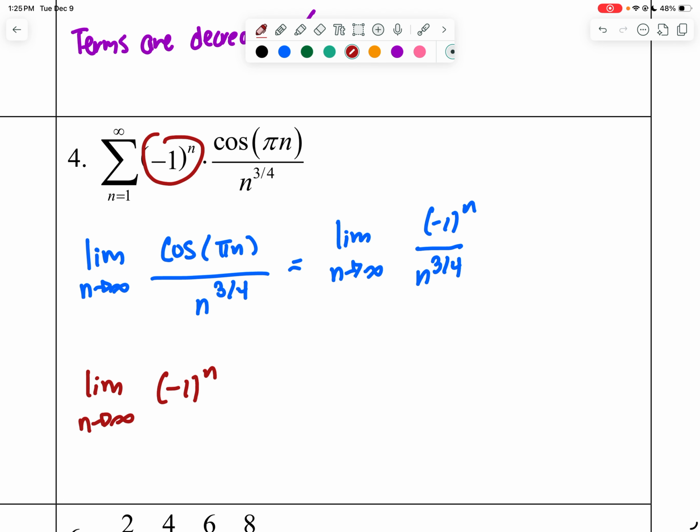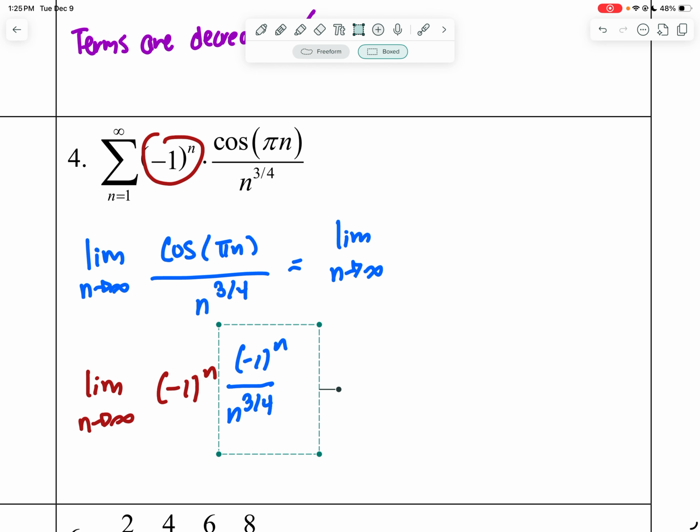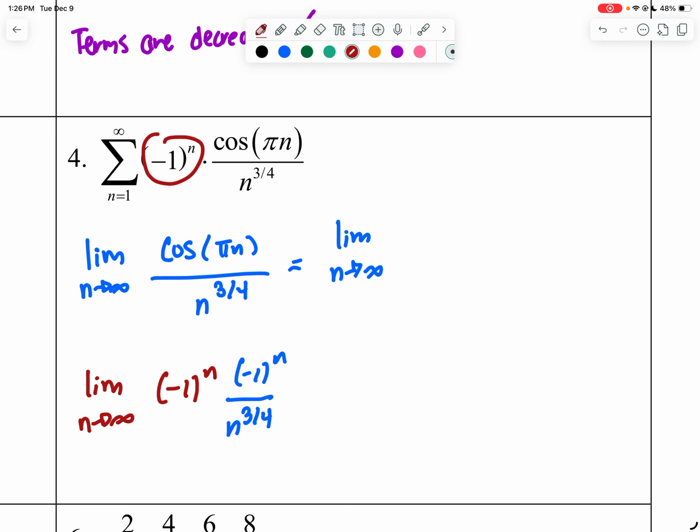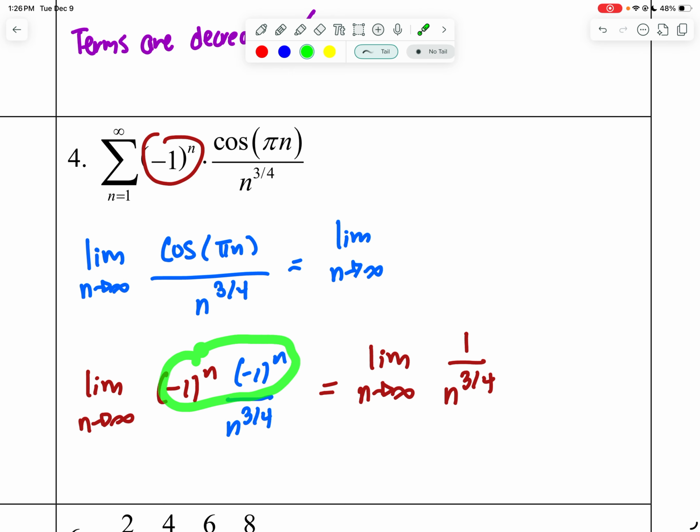And then this negative 1 to the n that we rewrote with the cosine pi times n, that right here is essentially going to be the same thing as the limit as n approaches infinity of 1 to the n to the 3/4. These two just become negative 1 to the 2n, and the negative 1 squared becomes 1. So we get 1 to the n, which is just 1.